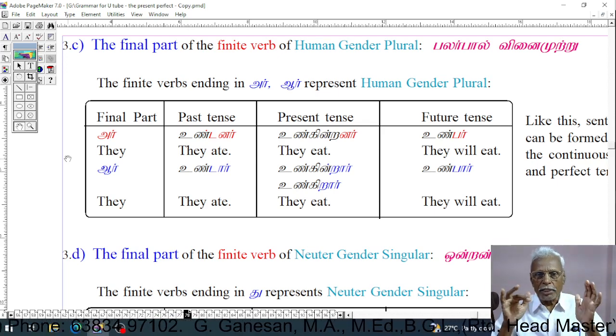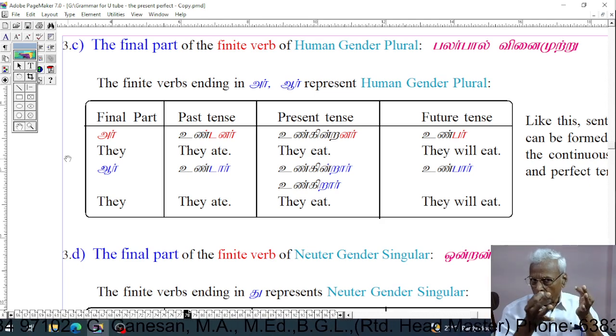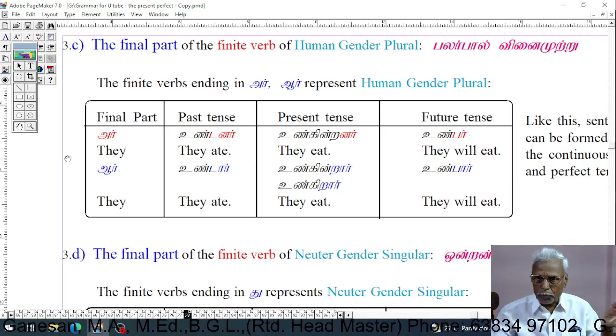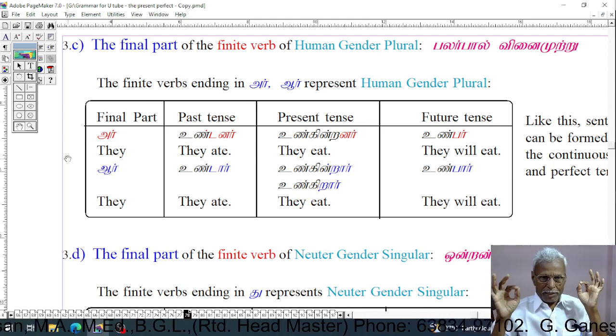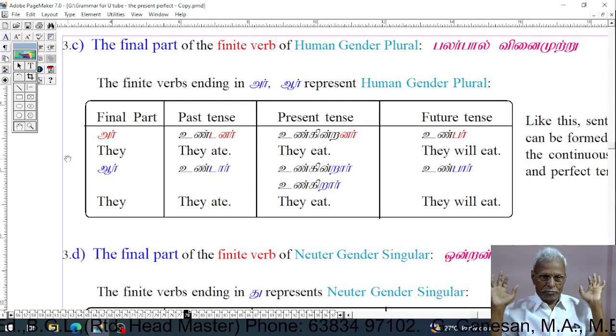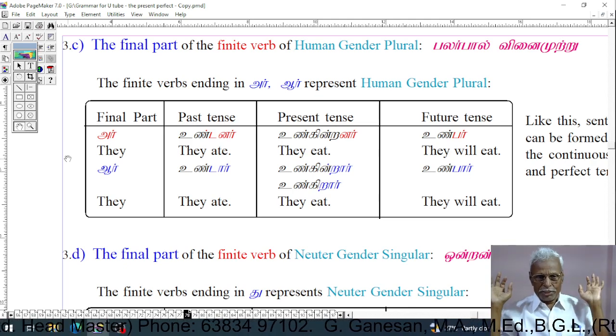The finite verbs ending in ar represent human gender plural. Ar, உண்டனர், உண்கின்றனர், உண்பர். They ate, they eat, they will eat.